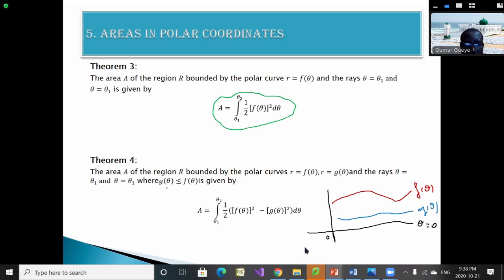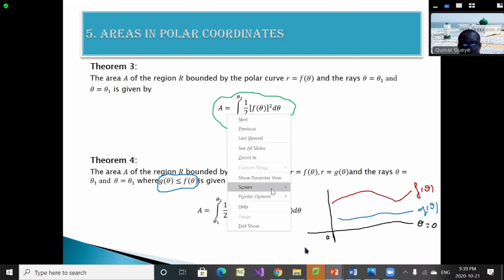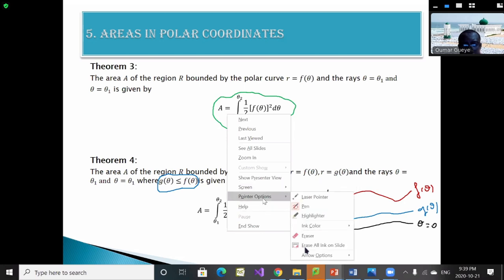So you guys can see this condition here: g of theta is less than f of theta. That's why the curve of g is below. So the greater function is on the top, and we have two polar curves. Now I just want to calculate the area between these two curves when theta is between theta 1 and theta 2.